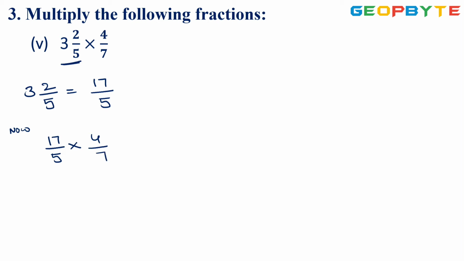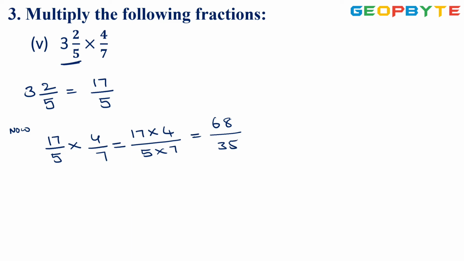By the rule of multiplication of fractions, it is the product of numerators, so 17 into 4, by the product of denominators. Denominators is 5 into 7. So this is equal to 68, that is 17 fours are 68, by 5 sevens are 35.